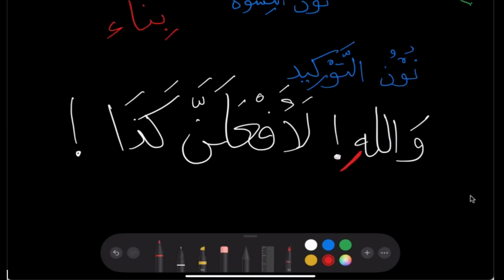Why is it in a state of jar here? Because this waw is really a prepositional particle. The swearing particles are prepositional particles. Wallahi, I swear to God. La af'alanna katha, I will indeed do such and such. So what's going on here?